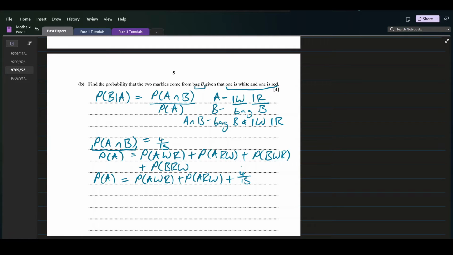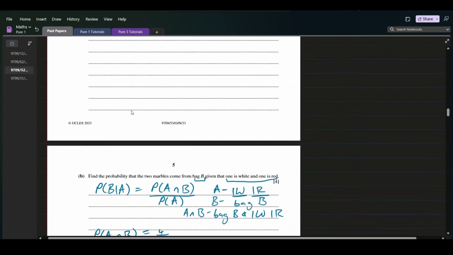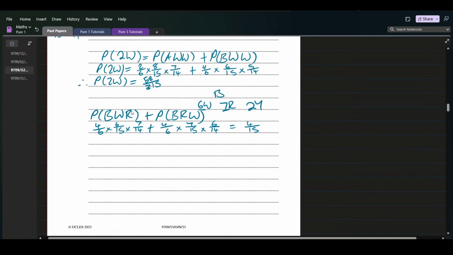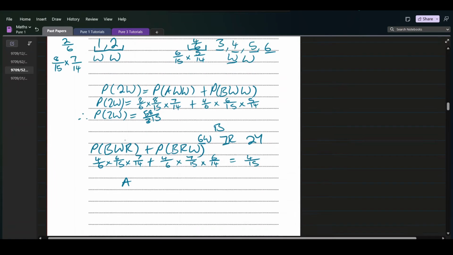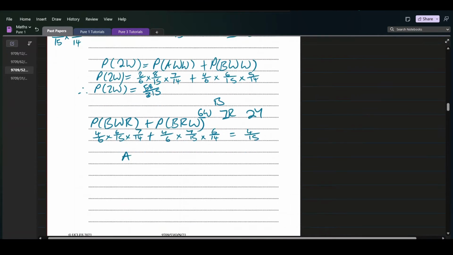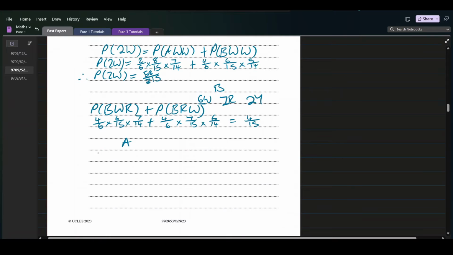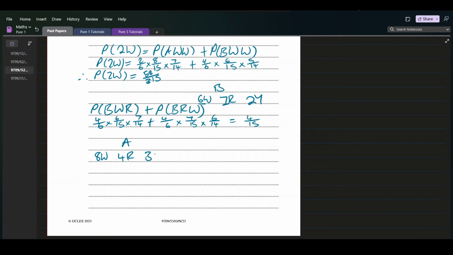So now let's evaluate the probability of picking peg A. Peg A, we say it has got 8 white, 4 reds, and 3 yellows. And there's a 2 in 6 chance of picking peg A.